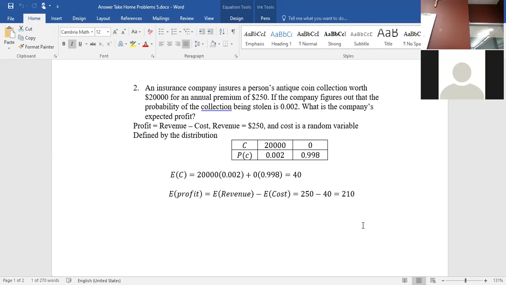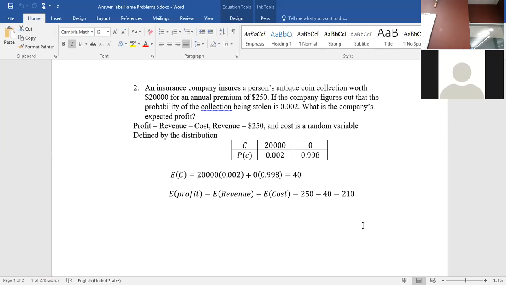You could also make it a profit random variable. To make it a profit random variable, you will think about the two scenarios. If the item is stolen, the company gets $250 but spends $20,000.